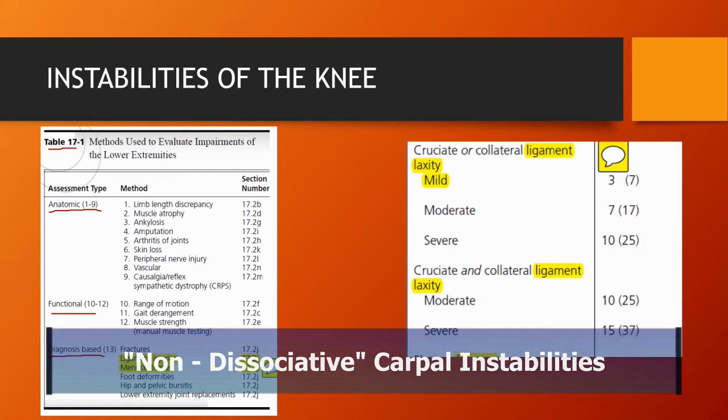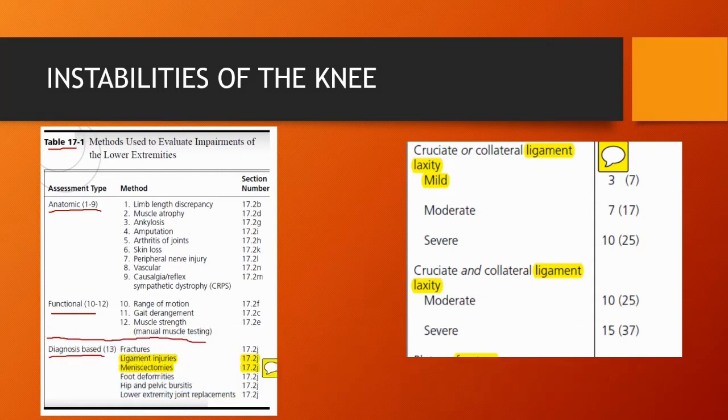And the diagnosis-based impairments are all found in table 17-33 of the AMA guides. And it's here in this table that they talk about ligament injuries. So when you do your physical examination of your examinee, you must assess for the presence or absence of ligamentous instabilities in your examinee.